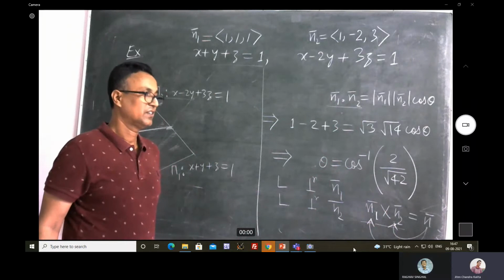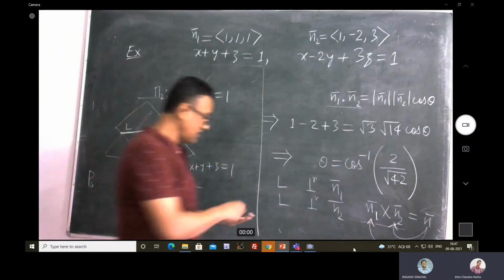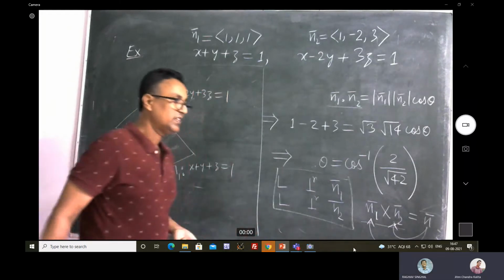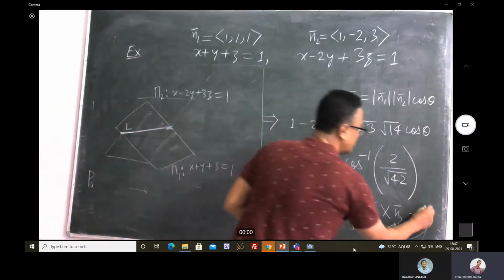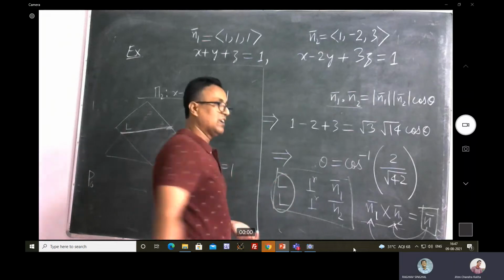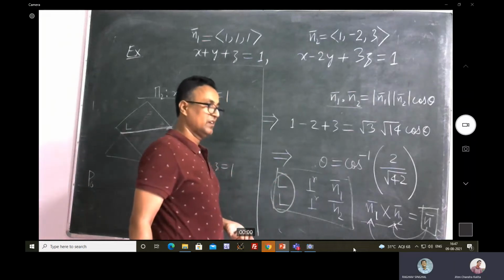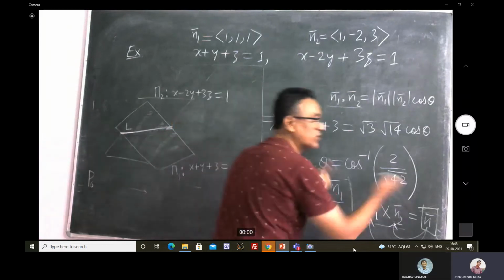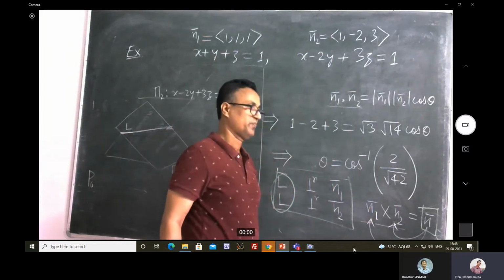So it is the same information as this. That means the direction of N and the direction of L must be the same, so they are going to have the same direction ratios.